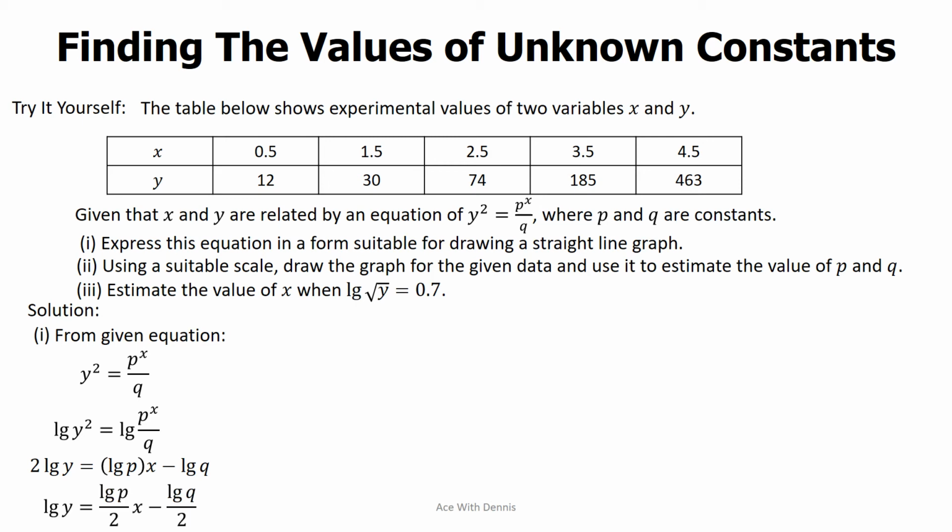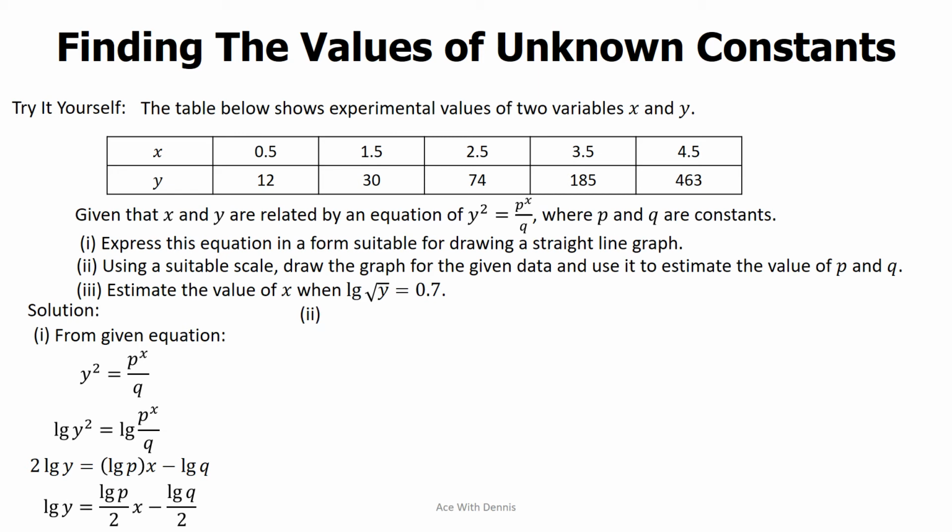Therefore, log y equals log p over 2 x minus log q over 2, where the capital Y is log y, the gradient is log p over 2, capital X is x, c is negative log q over 2.